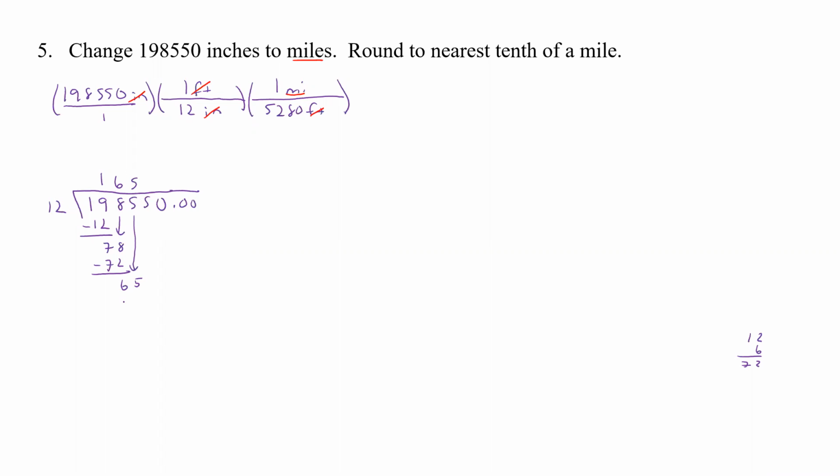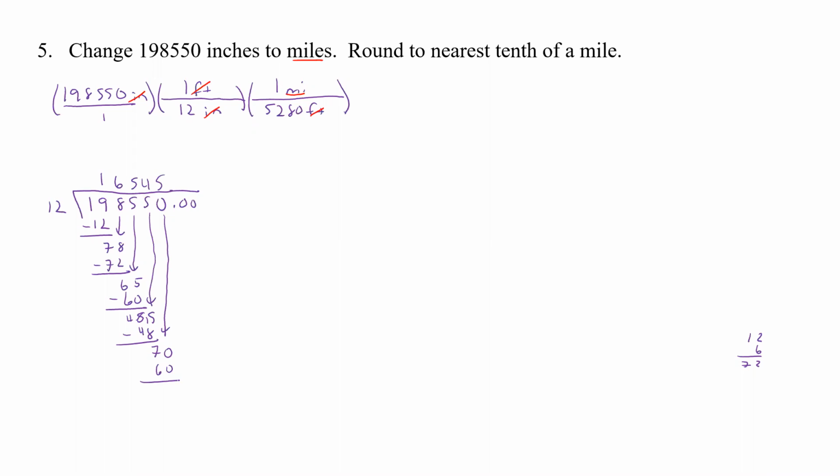Now 12 times 5 is going to give me 60. Subtract that, that's 5. Now I'm going to bring down another 5. Now that's going to be a 4, so that has to be 48. Subtract that. And so we carry the 1, that's a 4, and so 8 and 7. Now we bring down our 0. So that's going to give us a 5 again.